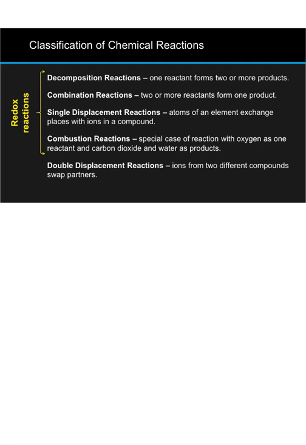By and large, decomposition, combination, single displacement, and combustion reactions are often examples of redox reactions. Again, it's not important that we know what that means right now because we'll talk about it in a little bit. Instead, what we're going to do here is describe how to identify each of these types of reactions.